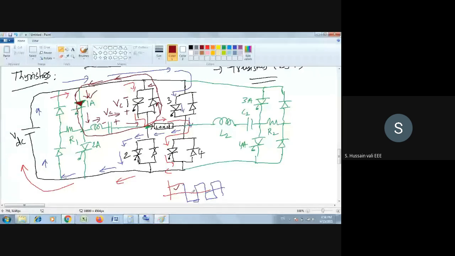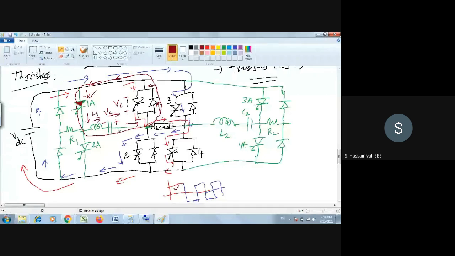How I am turning off 1 is that I have a commutation circuit. In this commutation circuit, I turn on 1A. When I turn on 1A, the capacitor voltage with this polarity, minus and plus, takes the path through D1, thyristor 1A, L1 and C1. So it makes a closed path through C1.